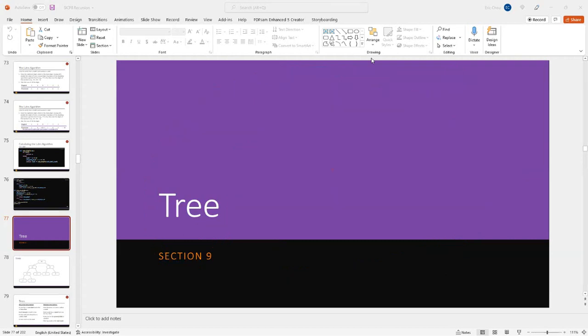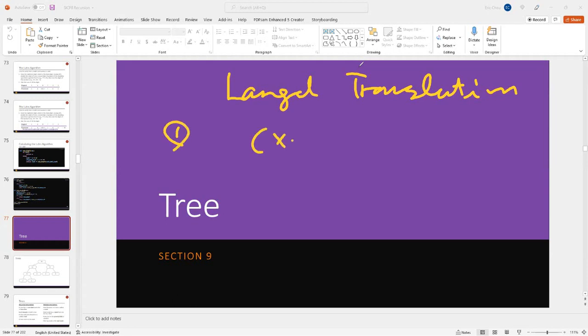And why is tree so important here? The goal of this course is to learn language translation. So the first step: you have x plus y times 2, where x is 3 and y equals 4.